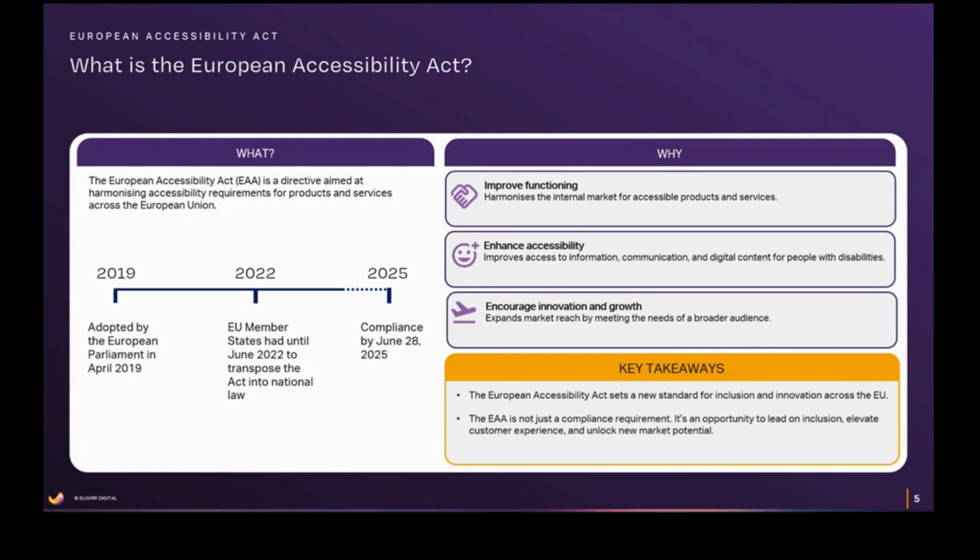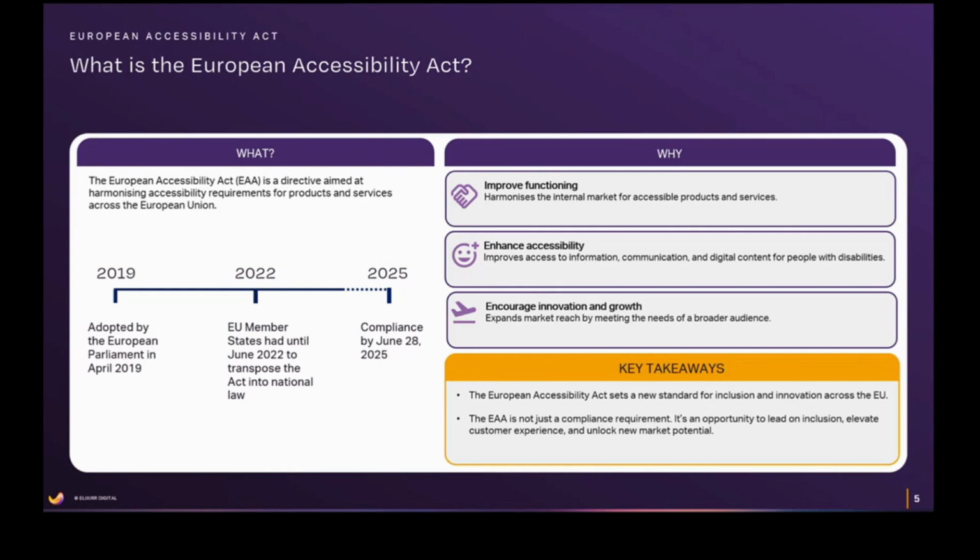So in real simple terms, the EAA is a law which requires everyday products and services to be accessible for people with disabilities. This act will make life easier for at least 87 million people.